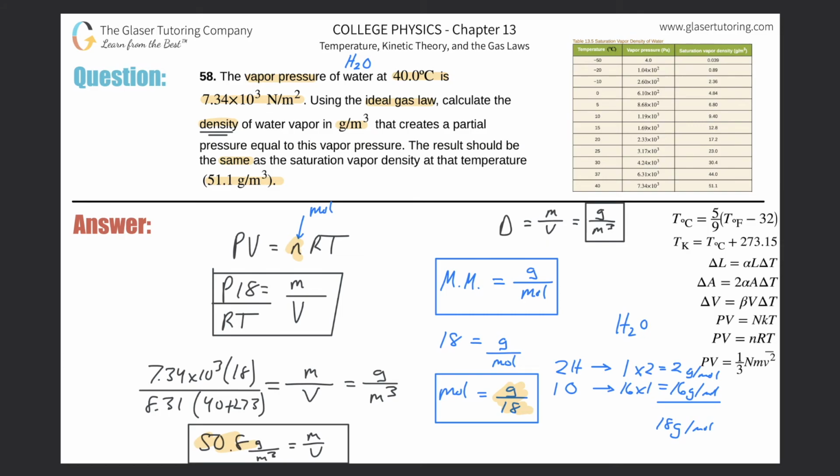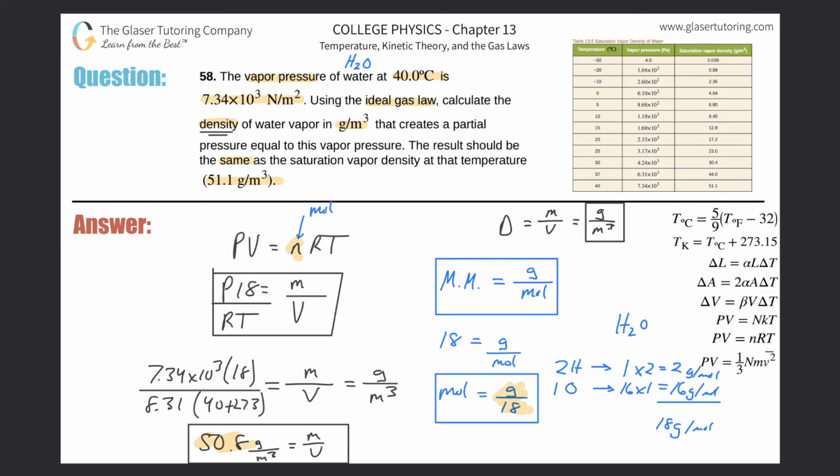So I got 7.34 times 10 to the third, times 18, divided by 8.31. Everything looks good. So probably where the error is, remember I was rounding over here with the molar mass. So possibly if I used the exact molar masses, I would have been a little closer to the exact answer there. However, this is close enough.